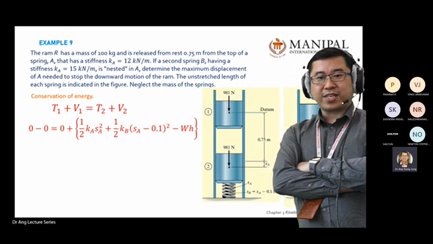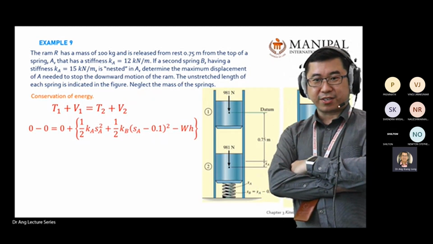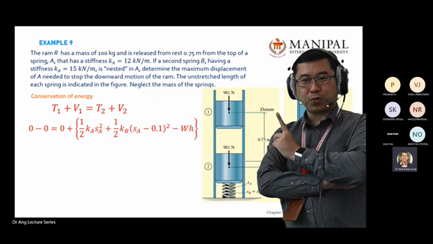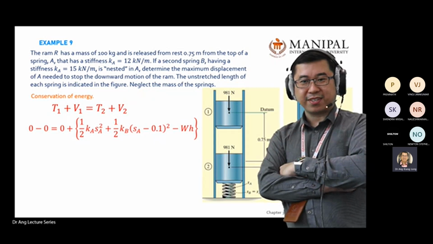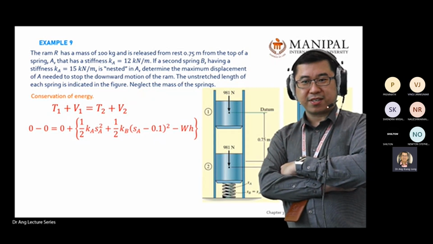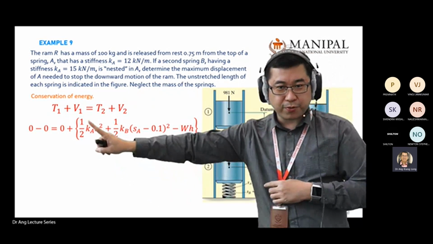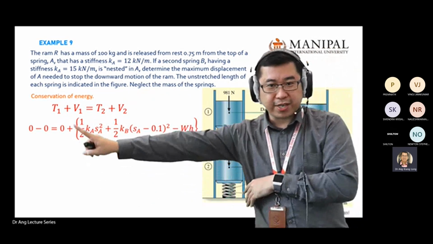Where is your starting location? At the datum, right? You start at the datum, correct? Yes, sir. So what is the h from the datum? What is the potential for V1? It's 0. That's why you get 0.